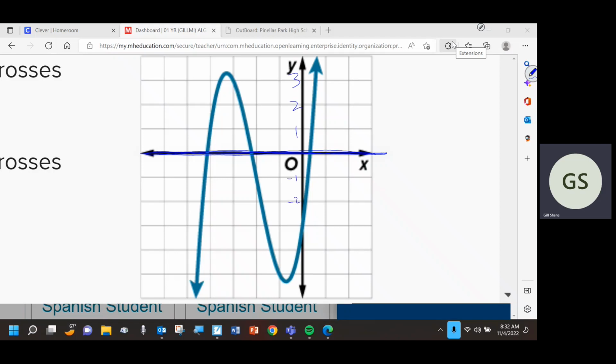Then -1, -2, -3, and it keeps going down. So the x-axis goes through y at 0. Anytime I have a line that touches that, the y value has to be 0. It will always be 0. Every x-intercept will have a y value of 0. It has to. That's the definition. It's touching the x-axis.